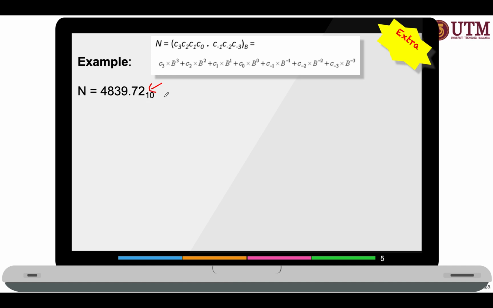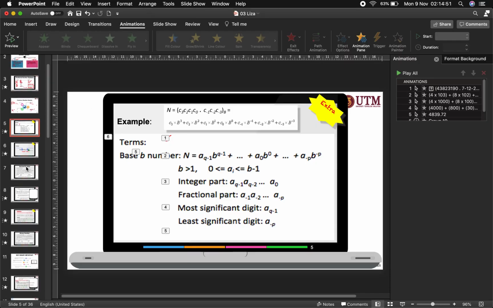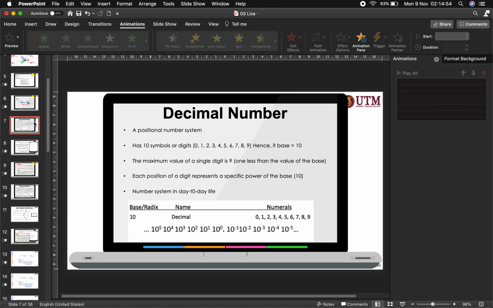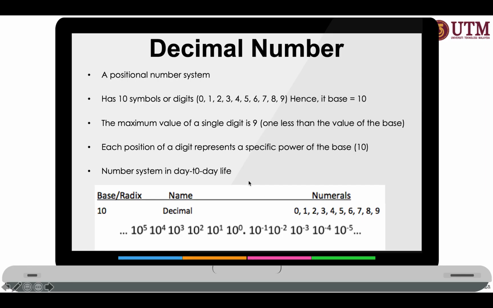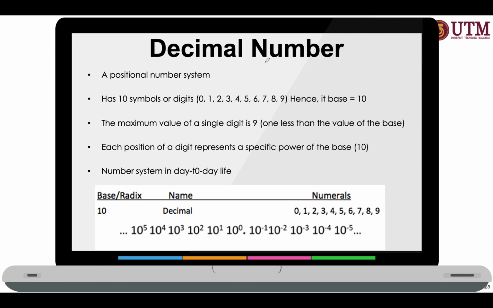Before we go into what these numbers are, I want to share with you my slide. Over here you can see that decimal numbers are a positional number system, and of course it has 10 symbols or 10 digits, as I already mentioned in the previous slide.